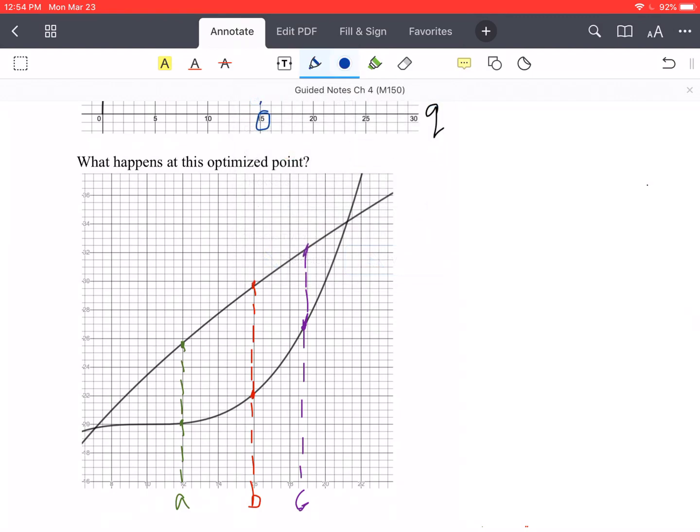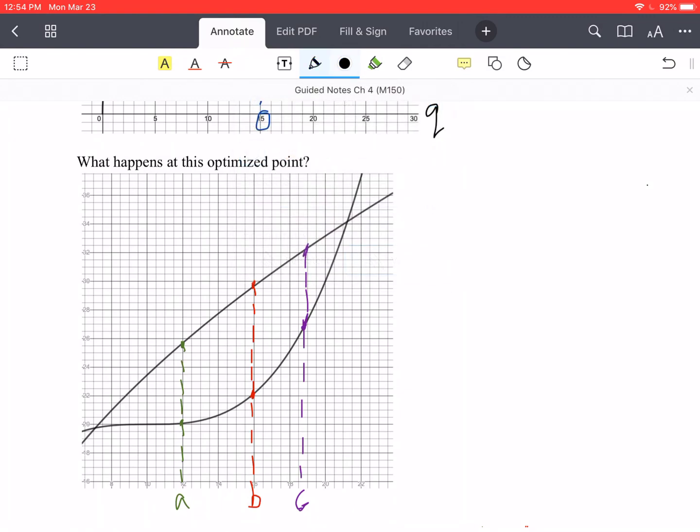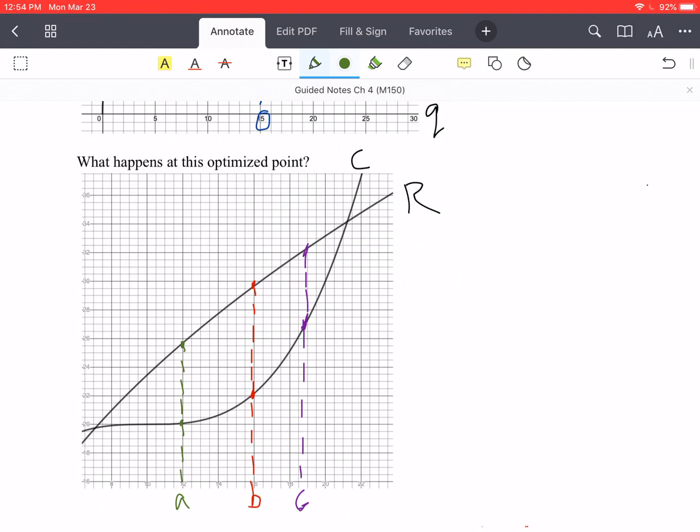Okay. Now, what I want to do is look at the behavior of the graphs, at the growth of the graphs. So this one was revenue, this one was cost. Now let's look at the slopes. Let's look at the growth of the graphs. So at the point A, there's a tangent line for the revenue function. There's a tangent line for the cost function.